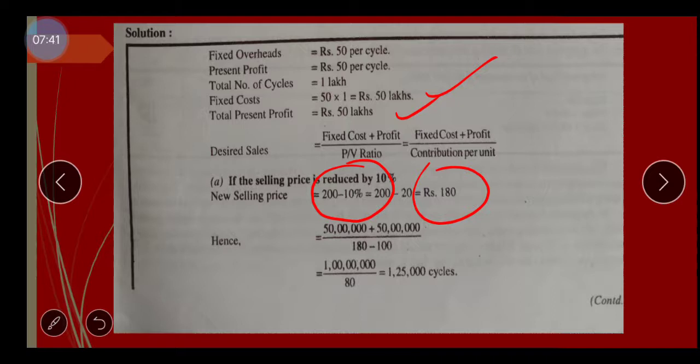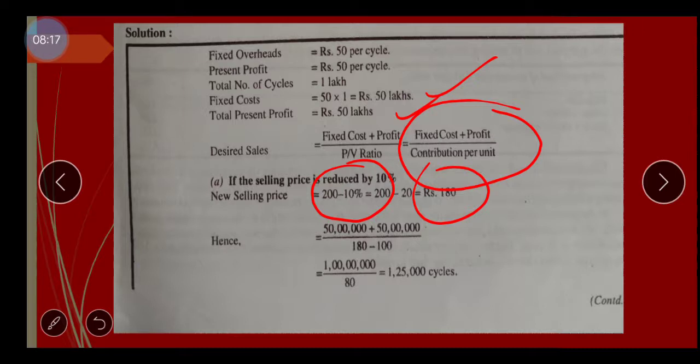₹50 lakhs? Here we apply the same equation. We can go for this one: fixed cost plus profit divided by contribution per unit. Or if you are calculating in rupees, in value, then instead of contribution per unit you can use PV ratio, profit volume ratio. So when we apply this equation, 50 lakhs is your fixed cost, 50 lakhs you want to generate as profit, divided by contribution per unit, meaning selling price per unit minus variable cost per unit.